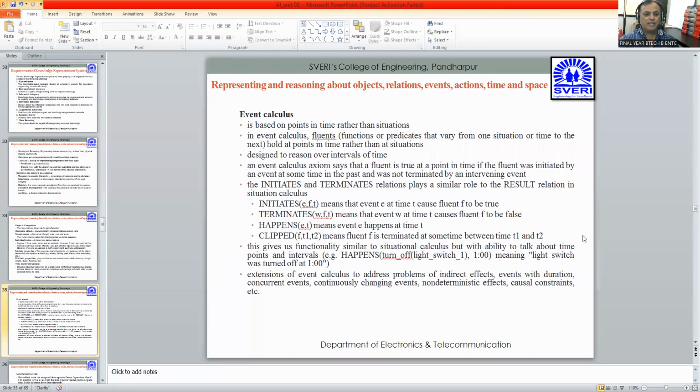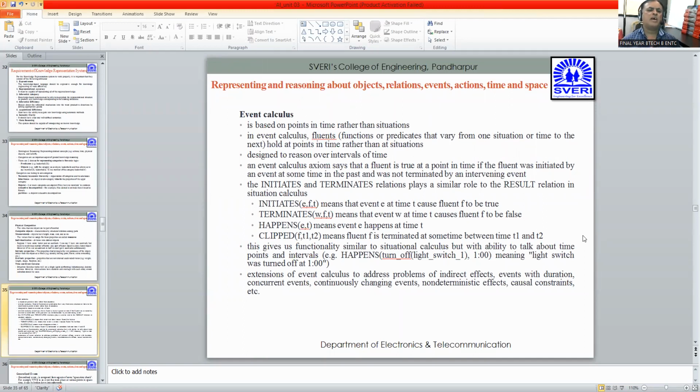Next point: extensions of event calculus to address the problems of indirect effects, events with duration, concurrent events, continuously changing events, non-deterministic effects, causal constraints, etc. So when we do event calculus to address these problems, we consider different types of events, such as events with duration, indirect effects, concurrent events, and continuously changing events.